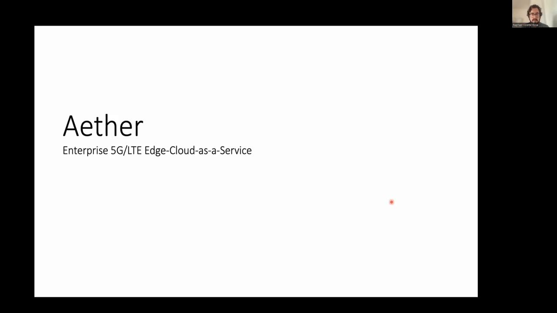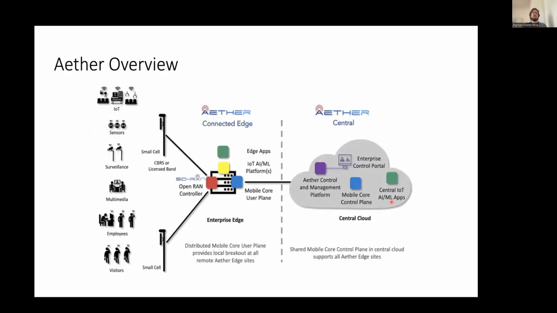So Aether is a platform that was designed to be an enterprise 5G and 4G edge cloud as a service platform. It means that it was designed to support different kinds of applications or use cases in enterprise networks.